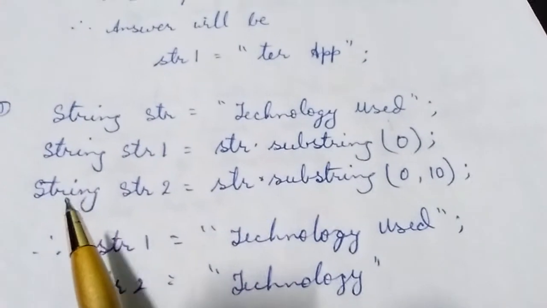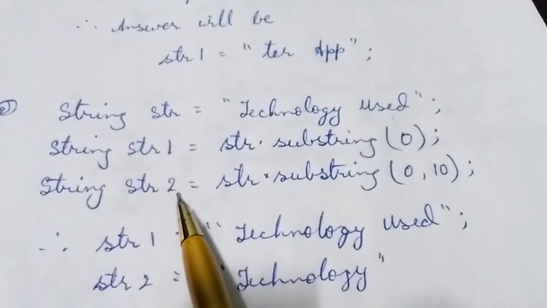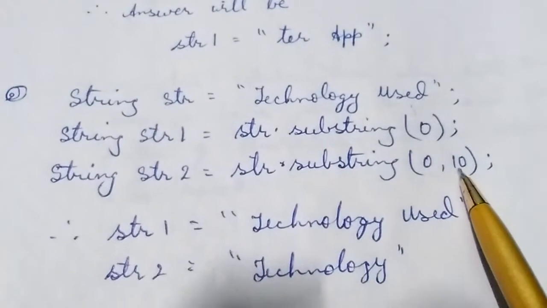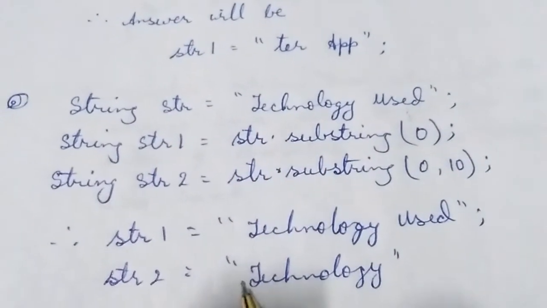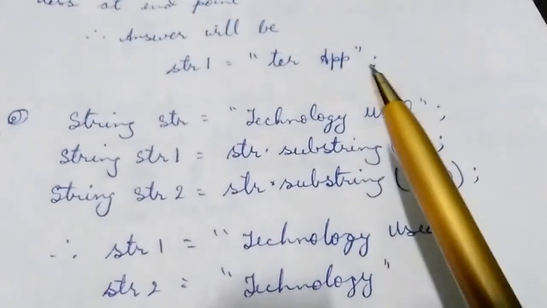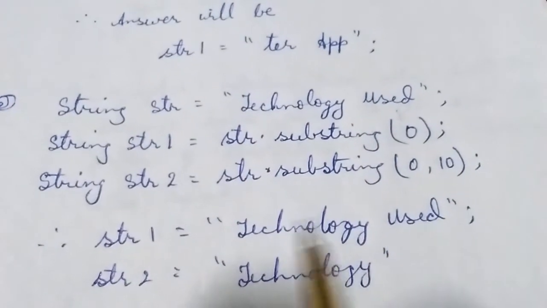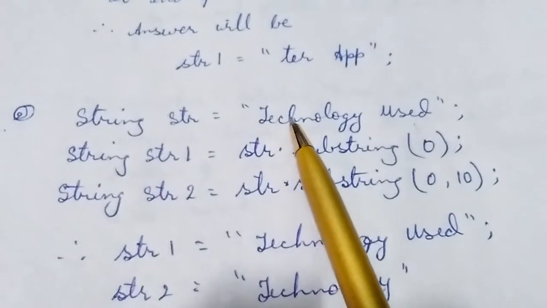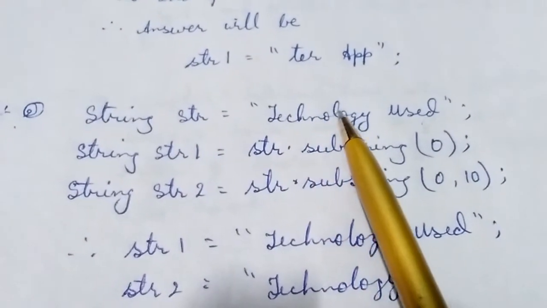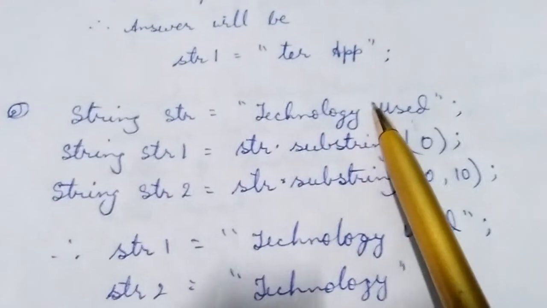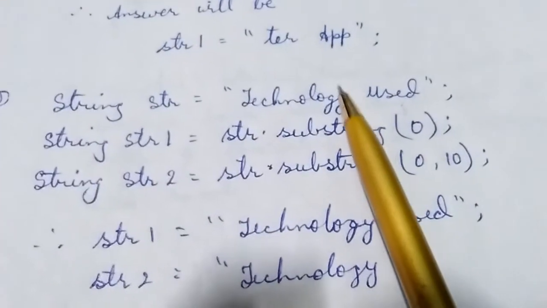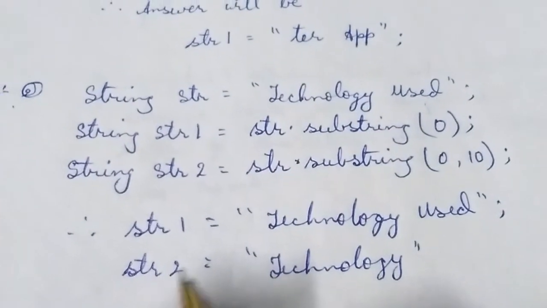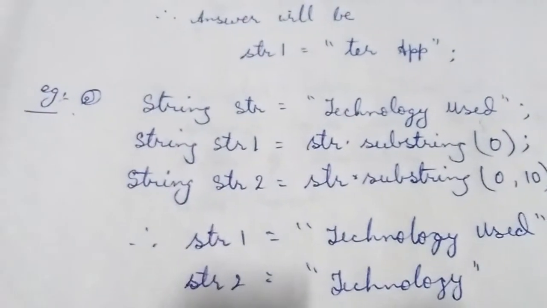If we write String str2 equals str.substring(0, 10), then from the 0th location till the 9th index location it will extract. So we see 0, 1, 2, 3, 4, 5, 6, 7, 8, 9. Till the 9th index location it will extract, and the answer of str2 is "technology".